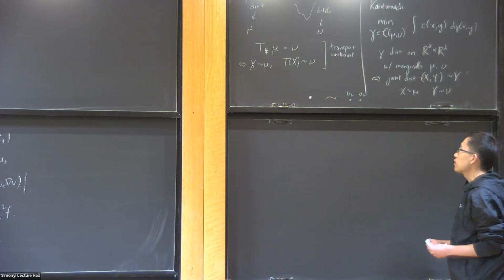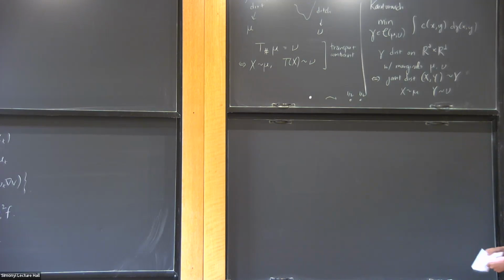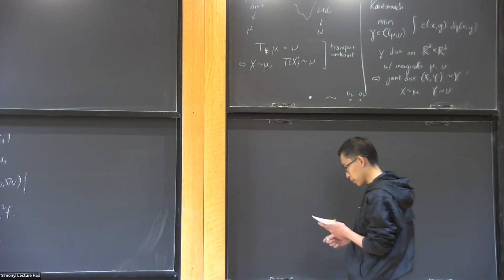Okay, so I want to sketch the fundamental theorem of optimal transport for quadratic costs. Quadratic cost is where C of x, y is just the squared norm between x and y. This is the most geometrically meaningful cost. And this fundamental theorem all just comes from a duality principle for this Kantorovich problem, which should make sense because that's what linear programming is all about.